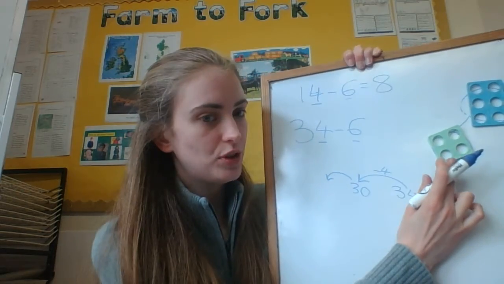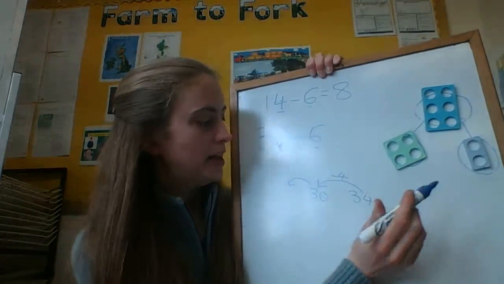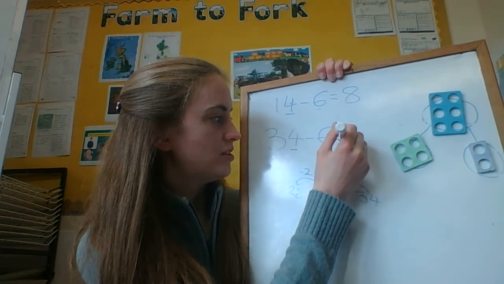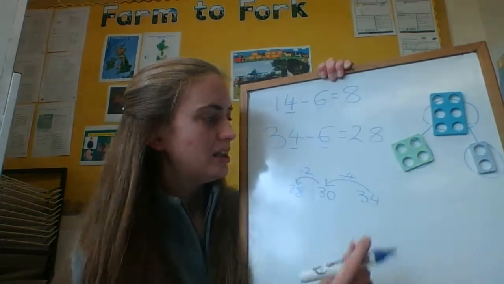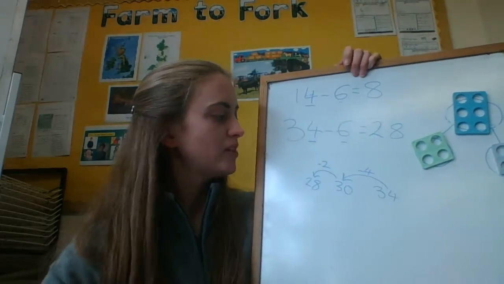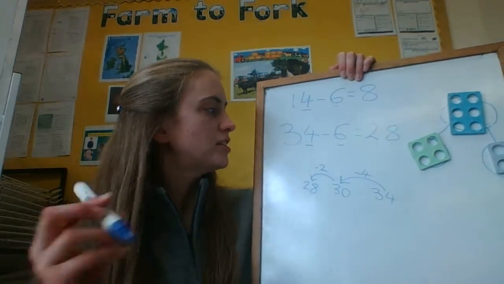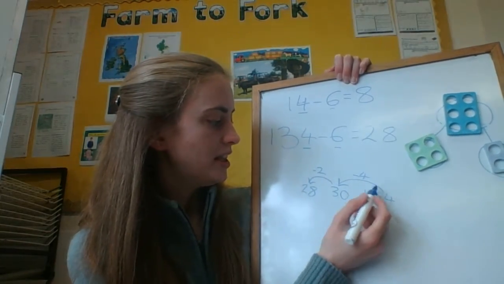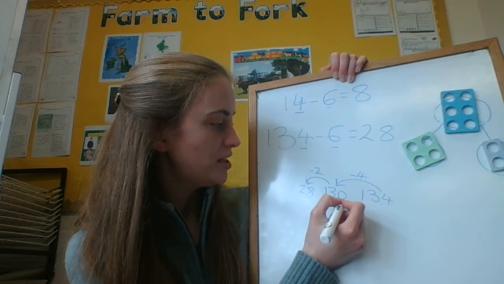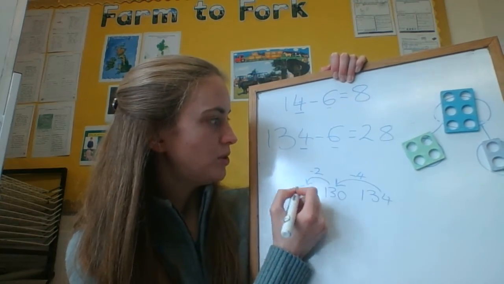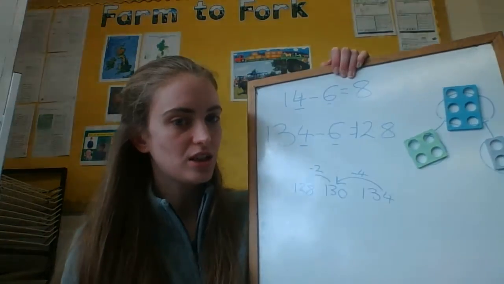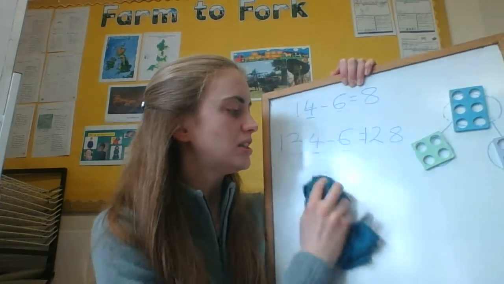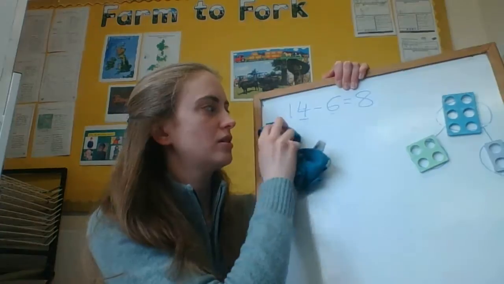So take away the 4 and then take away the 2 would be 28. So 34 take away 6 is 28. 134 take away 6. I would take away the 4 to 130, take away the 2 more to give me 128. Okay, so you can still use these calculations to help you.